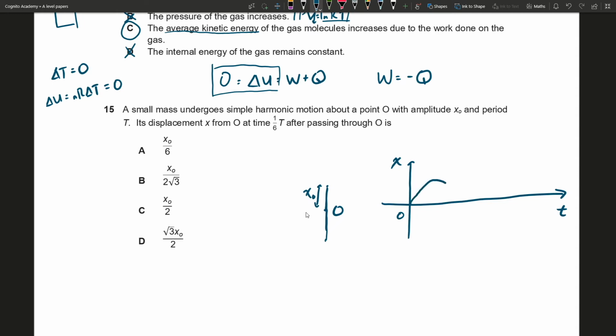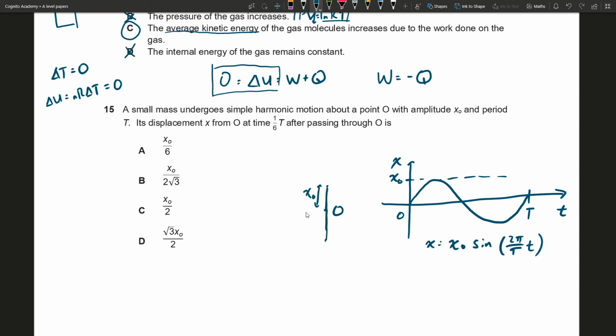Graphing this, because we have simple harmonic motion, we have a sine wave with amplitude x naught and period T. Writing this out, we have x equals x naught sine of 2 pi over T, because that is our angular velocity, times t.